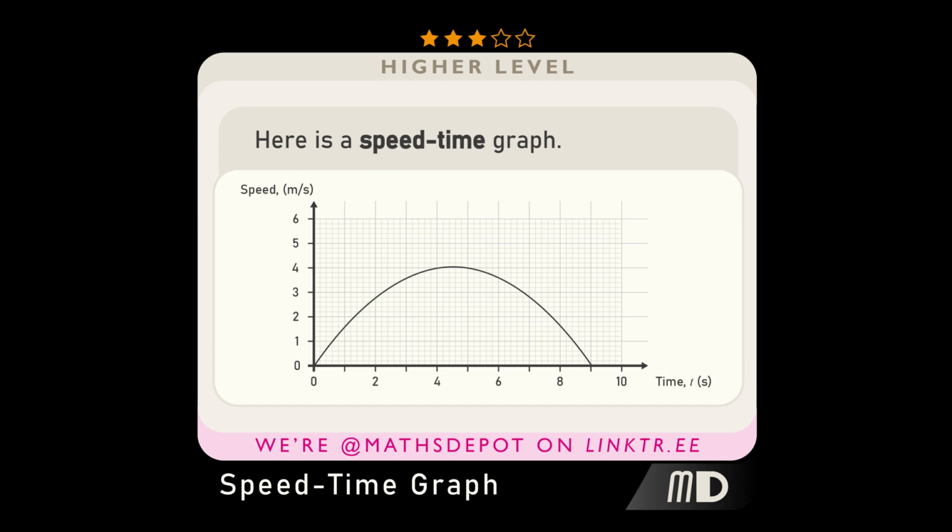The gradient of a curve at a point is found by drawing a tangent to the curve at that point. A tangent is a straight line that just touches the curve at the specific point defined by the x value, where the gradient is being calculated.